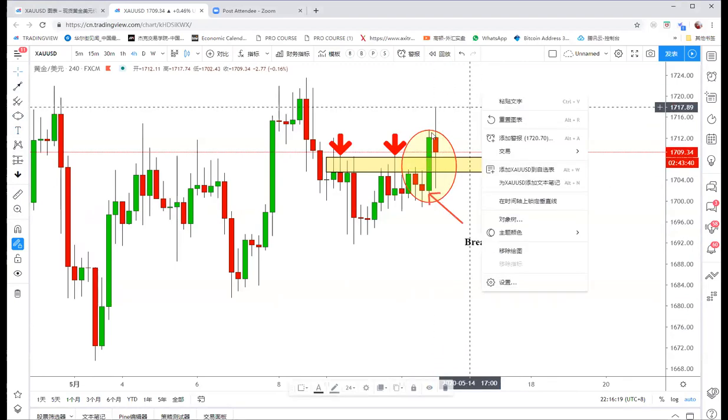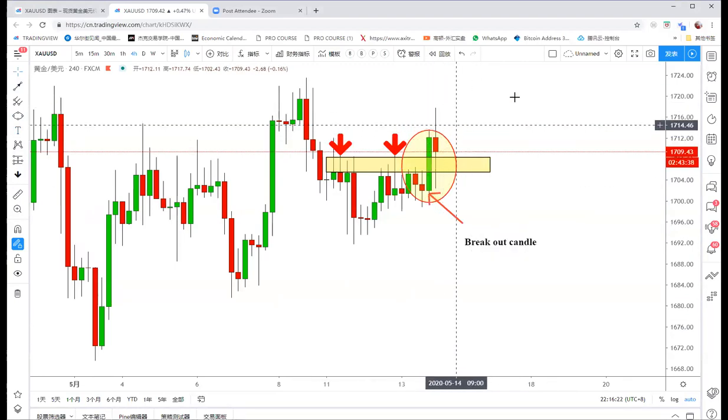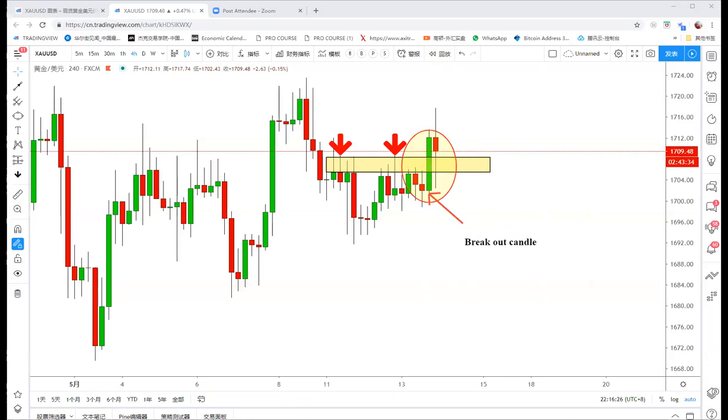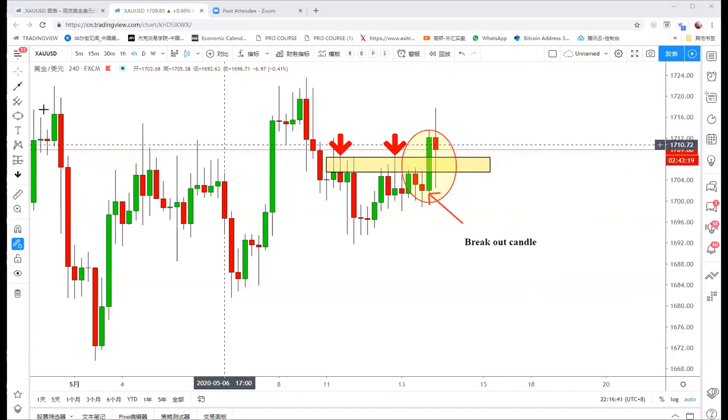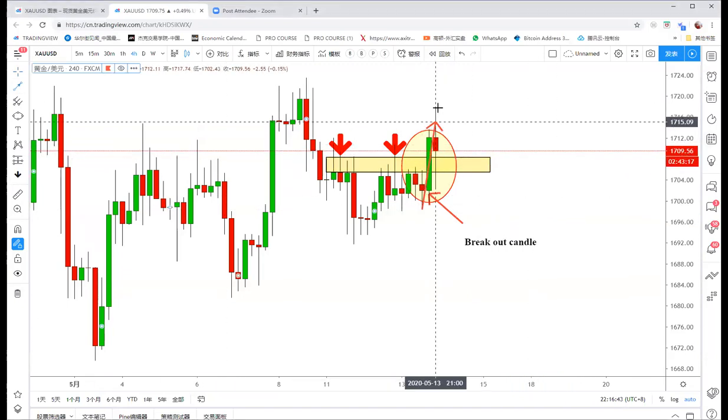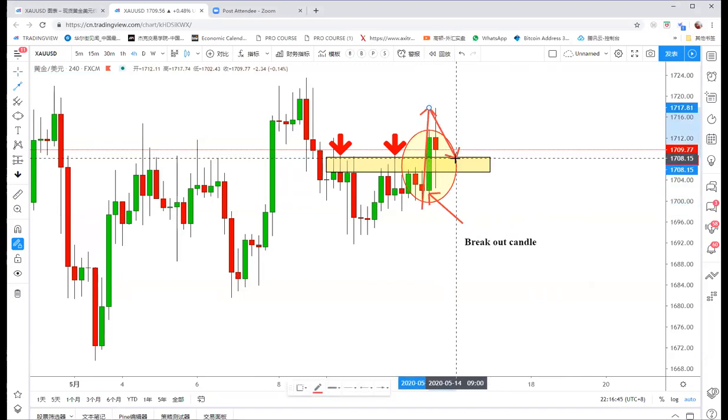And right now, what is the market doing? Can you give me an answer? Yes, it's retesting, correct? It's retesting the structure. So what we have is a nice break and a retest.